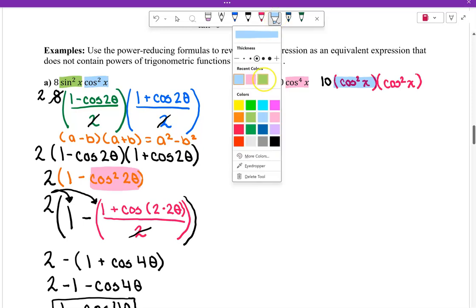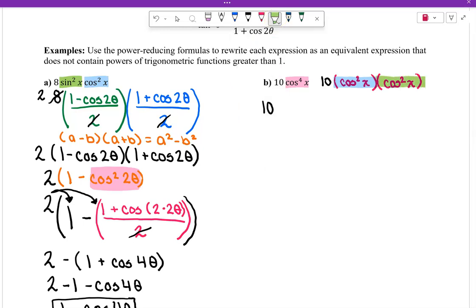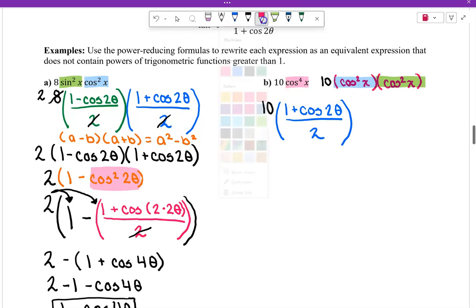I'll write that one in blue. I'll write that one in green. 1 plus cosine of 2 theta over 2. And this one is, again, 1 plus. I don't know why my pen's acting up.